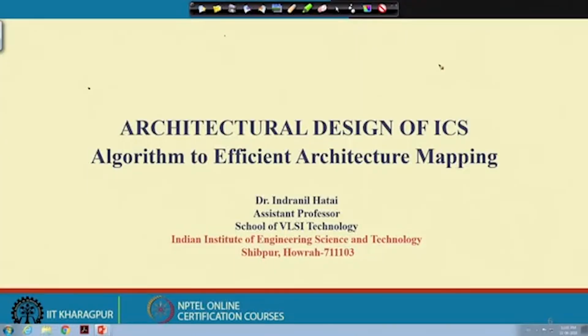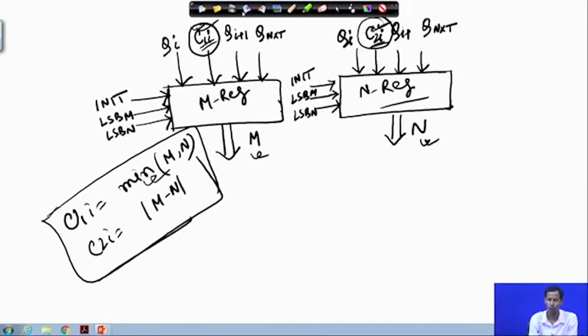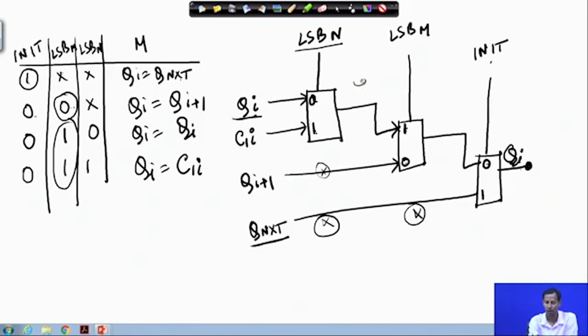Now we will try to find the final architecture which will give me the GCD of two numbers. In the last class we built the M register and N register, and we also saw how we can build this M and N.